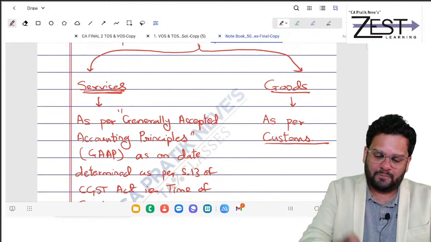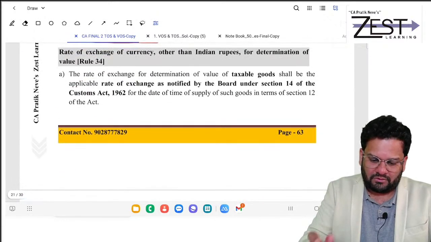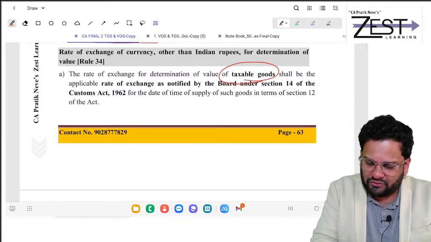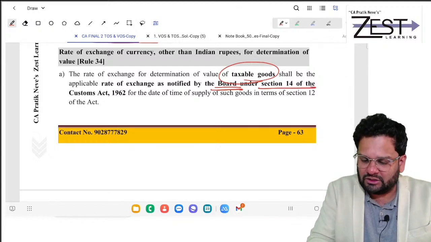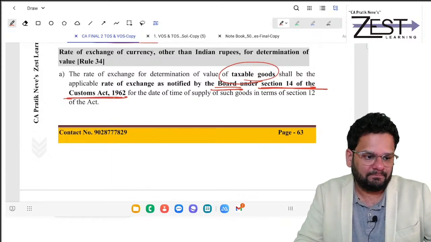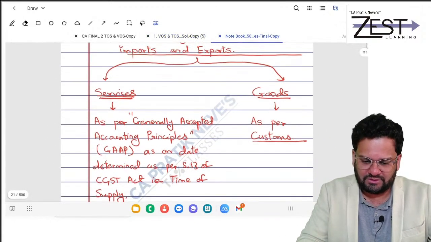Clear, all of you? So check, the rate of exchange for taxable goods shall be as notified by the board under section 14 of the Customs Act. Clear? So we'll do that when we go into the topic of customs.